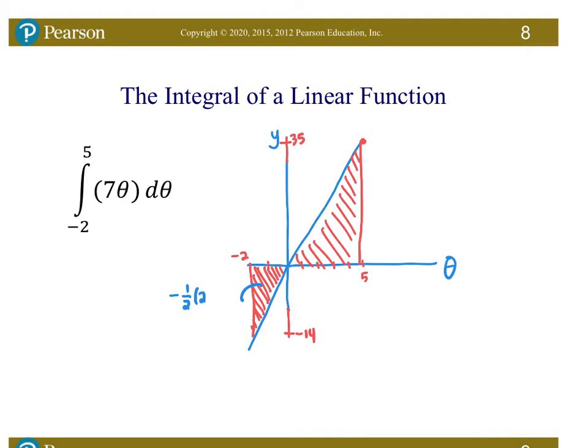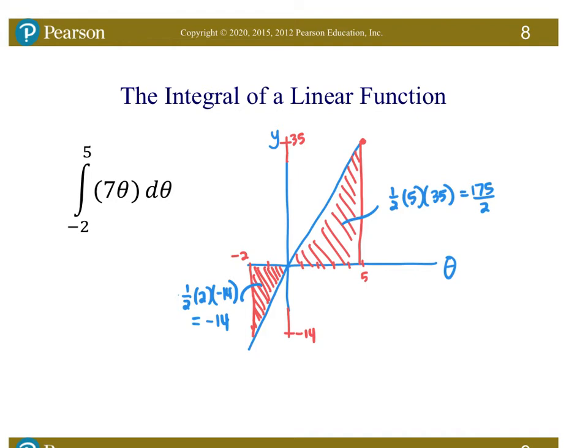So 2 times, well, the negative would be coming when I had my 14, negative 14. All right, so that works out to actually be negative 14. And my positive area would be 1/2. The base is 5, and the height is 35. So we're looking at 175 over 2.